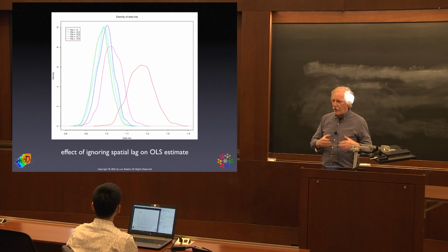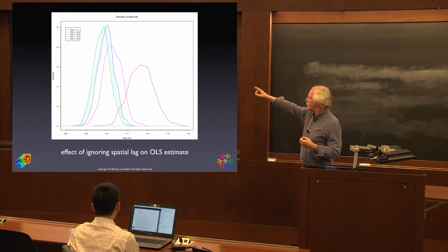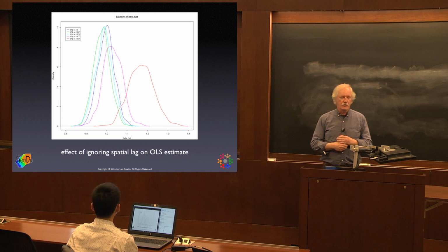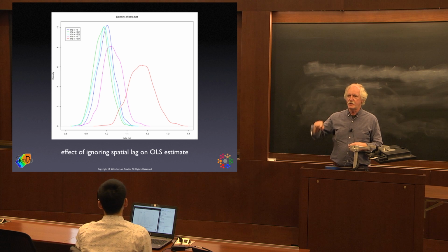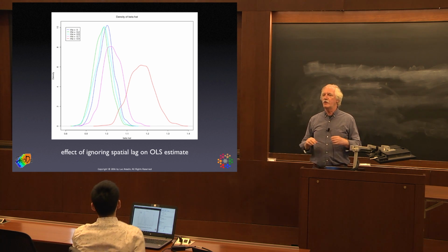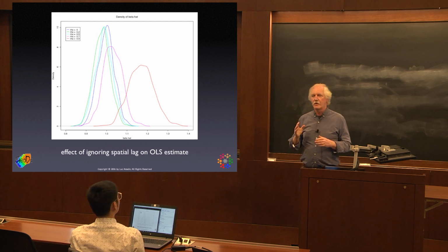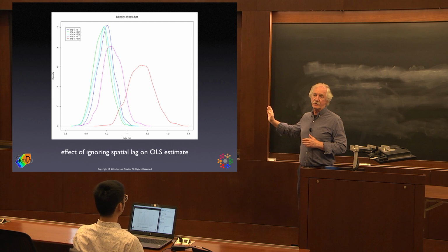So I'm cranking up the rho, it becomes more and more spatially dependent, and this is the distribution of the estimate for beta. The true value is 1, so you see when rho is 0, this is nicely centered around 1. As we crank up the rho, two things happen. One, the curve starts to move away from 1. That's called bias.